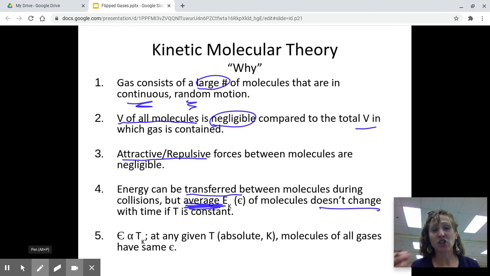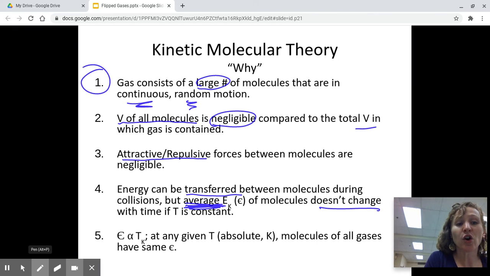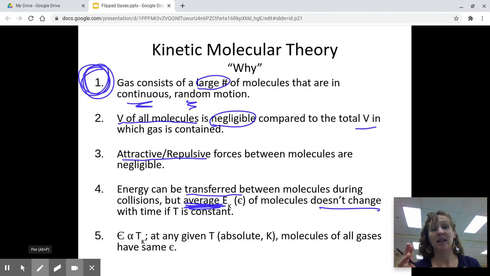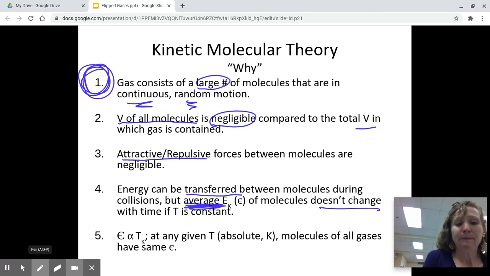If it does change because you're heating it or something like that, the temperature is going to go up or down, depending on how you're manipulating this. But there is an average kinetic energy of the gas body as a whole, which may be different than the kinetic energy of each individual molecule. But again, there's so many molecules that it averages out and it acts like a body of gas instead of acting like individual molecules. Okay.